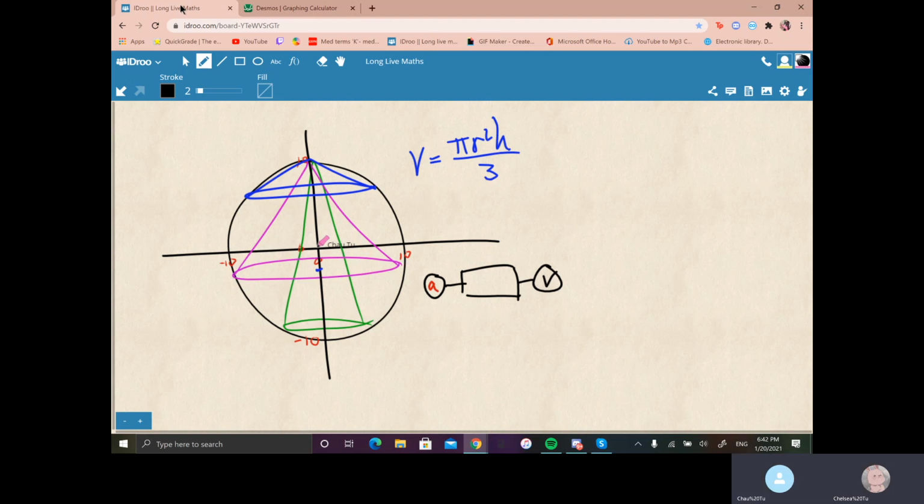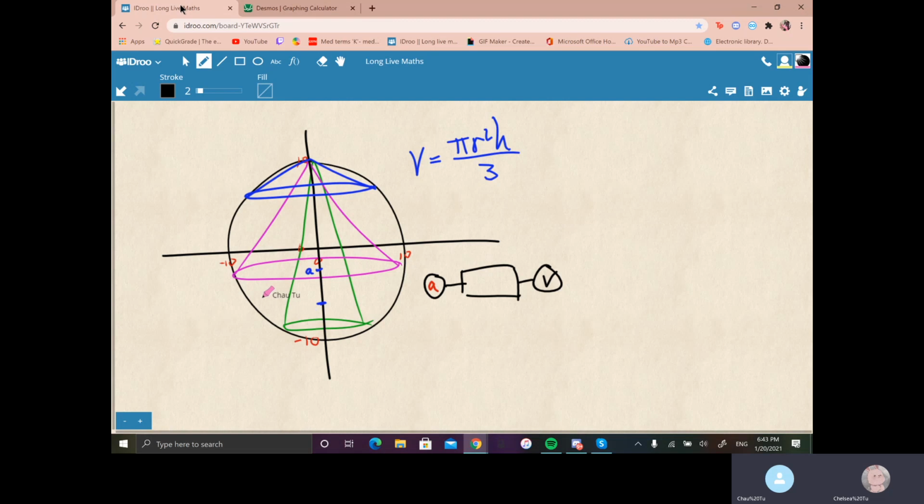Sure, but that's not very good, because even though you can do that, there's an easier way. If you call this length A here, you can scan A. So suppose A is like here, then that will allow us to draw this cone here.